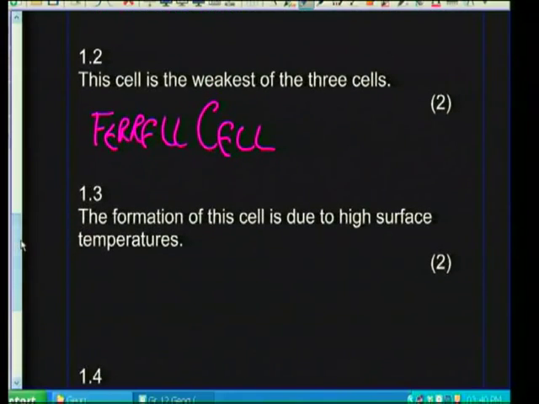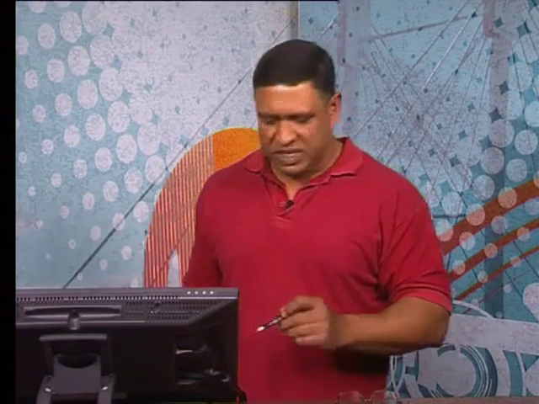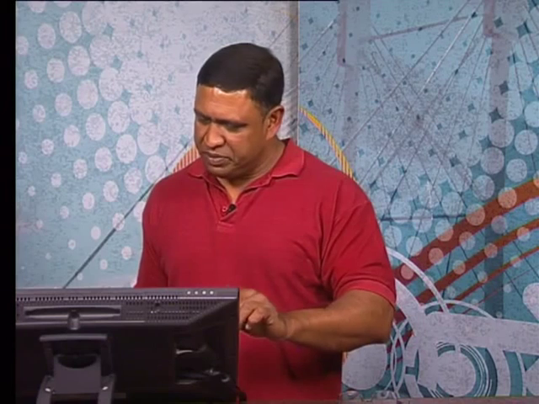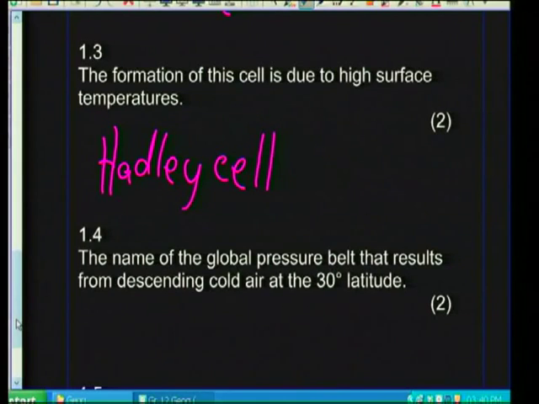So, very easily, then we know the answer is the Hadley cell. Please note, I'm actually finding most of my answers on the source material itself. Okay? Let's look at the next question. Name the global pressure belt that results from cold air at the 30-degree latitude.